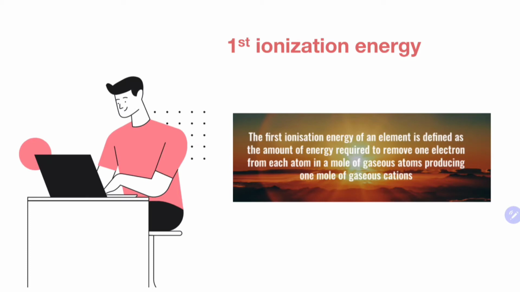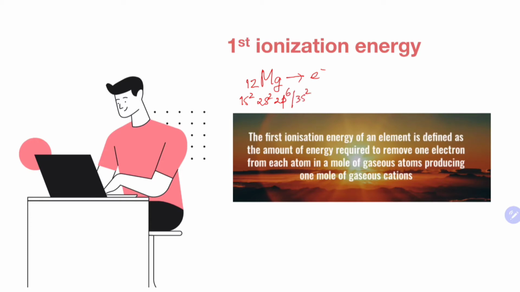For example, when you have Mg as an atom, when this releases one electron, as you know, magnesium is number 12, so the electronic configuration is 1s2, 2s2, 2p6, 3s2.